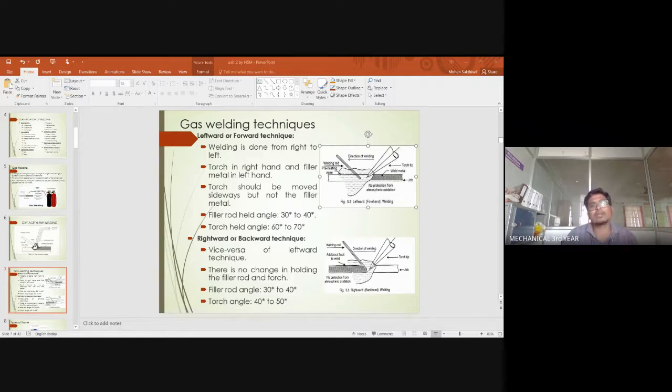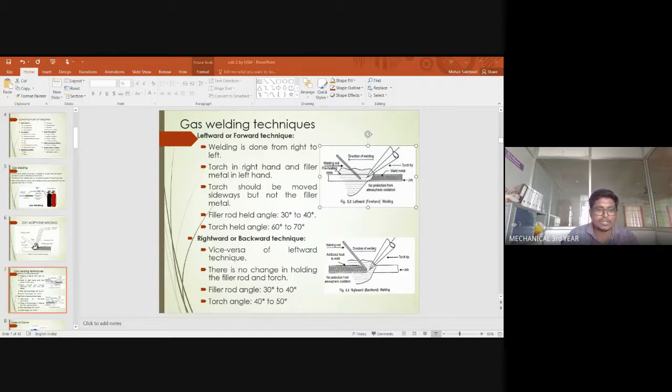You can see that the arc is produced between the workpiece and the electrode. So in the previous diagram also, you can see that there is no interaction between the base metal and your electrode. Care should be taken here, because only if a gap is maintained between the electrode and the workpiece will the spark, I mean the arc, get produced in arc welding.